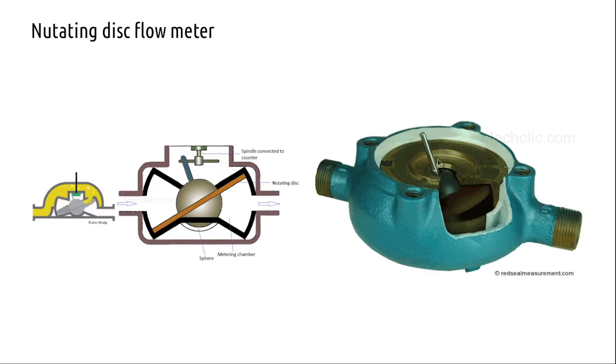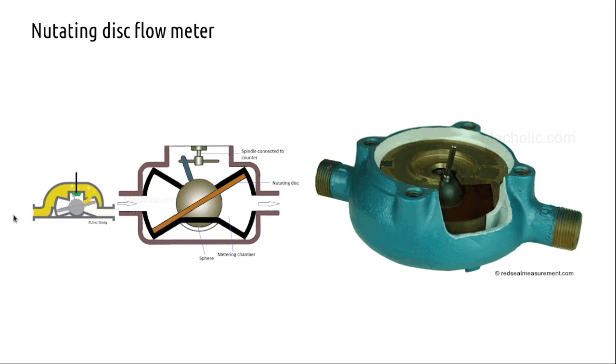This is that rod, the spindle which is rotating about. This GIF is from a particular website. And this is going to turn this top dial, the counter. There will be a stick, so when it moves around, it is going to rotate this counter.